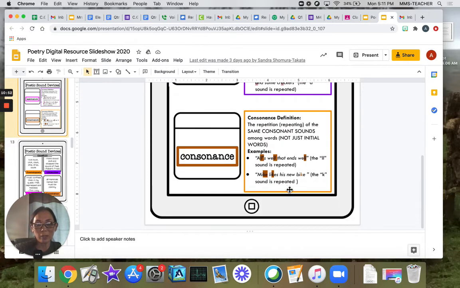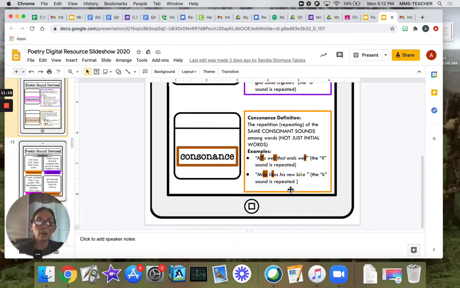Now, consonance, the definition for this poetic sound device is the repetition of the same consonant sounds among words, not just the initial words. So consonance is usually within the word, whereas alliteration is at the beginning of the word.